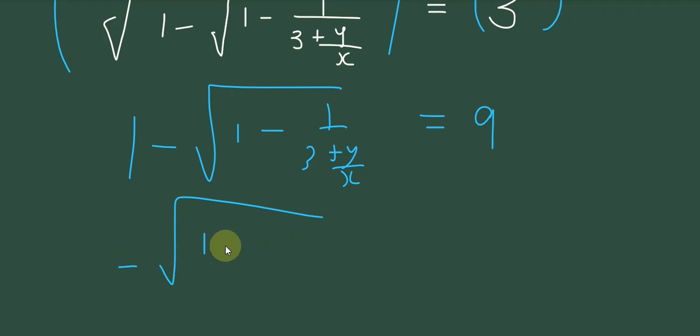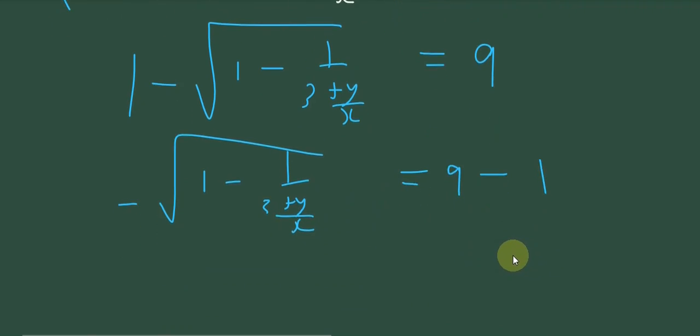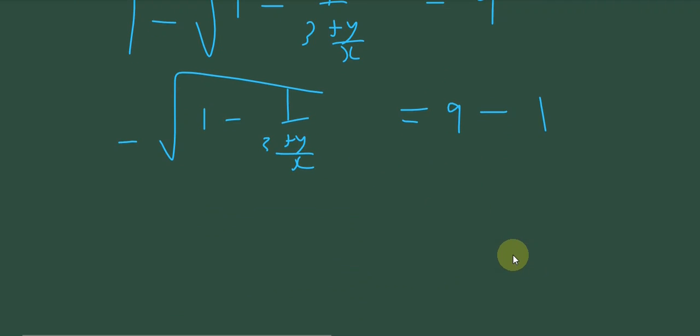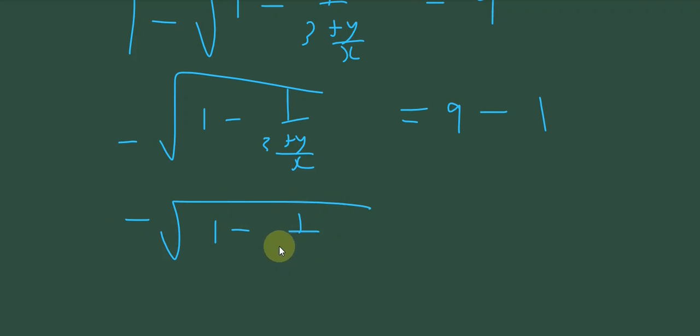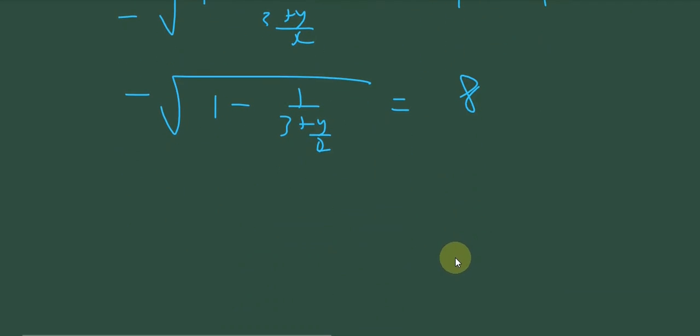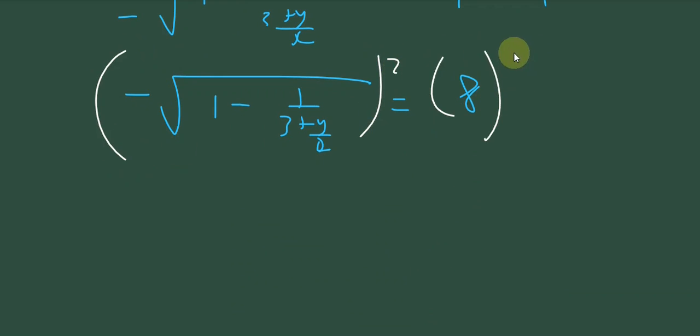Taking 1 to the other side leaves this over x equals 9 minus 1. Now, once we have this, we can say, okay, this is the square root of 1 minus 1 over 3 plus y over x equals 8. Then we can square both sides like we did in the first place.